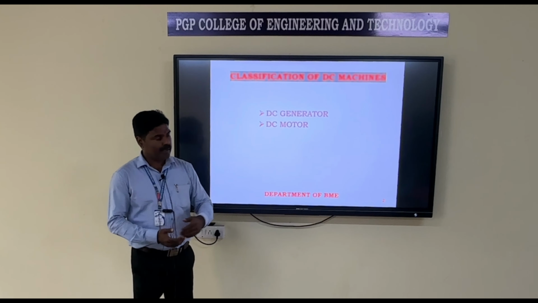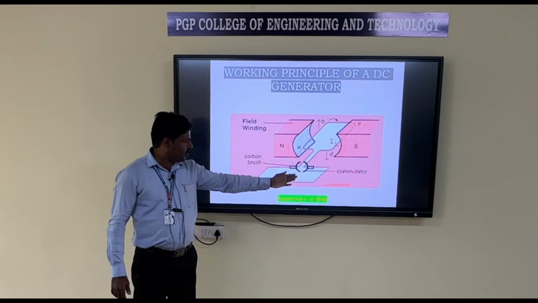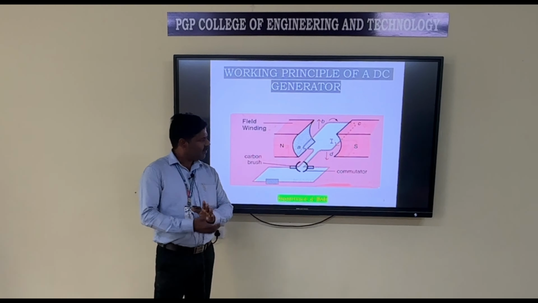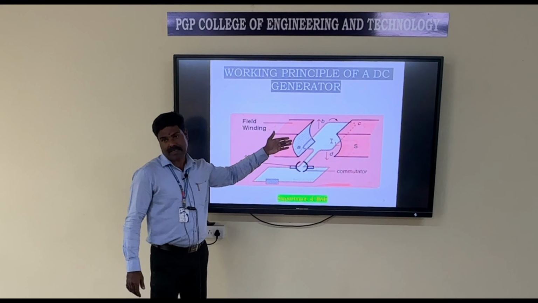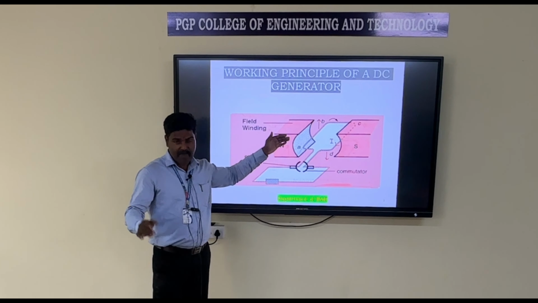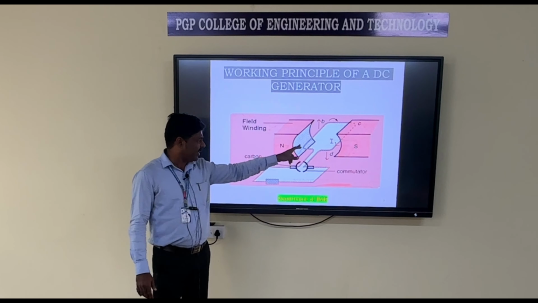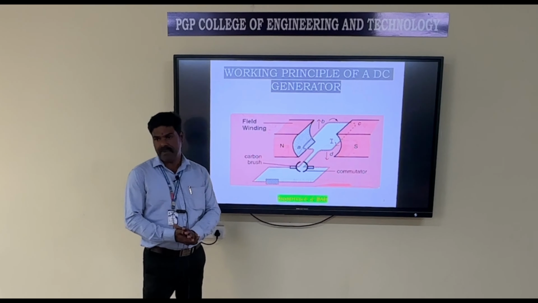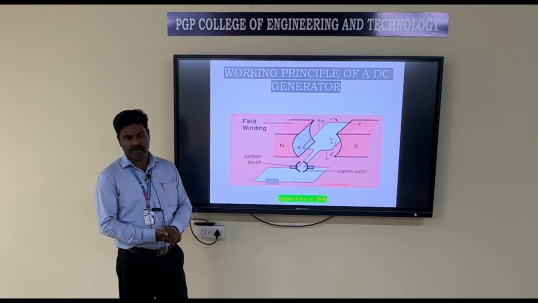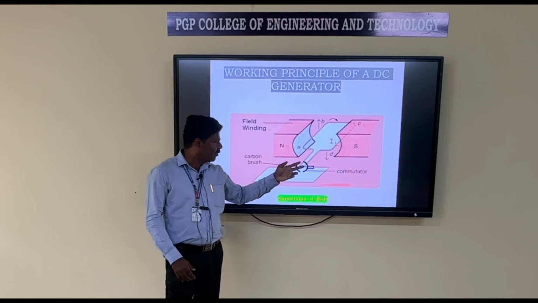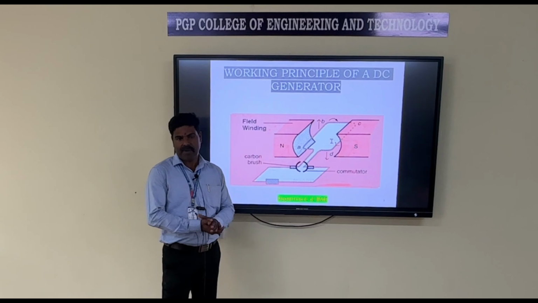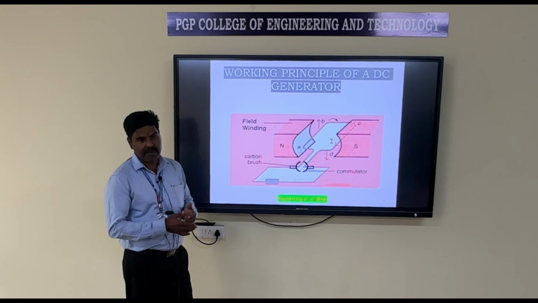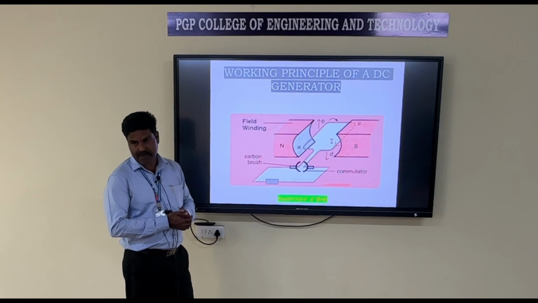Similarly, in DC motor, the same circuit diagram. Here in DC generator, whenever a conductor cuts magnetic flux, an induced EMF is produced. In DC motor, when a current carrying conductor is placed in a magnetic field, it will experience a mechanical force whose value is given by the formula F equal to B into I into L. B is the magnetic flux density, I is the current flowing through the conductor, L is the length of the conductor.